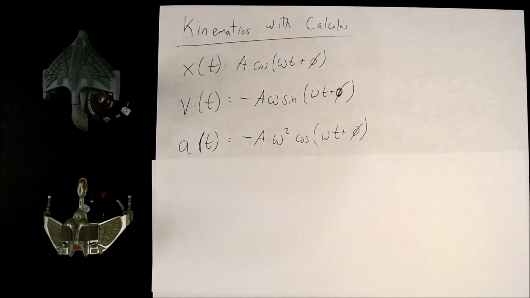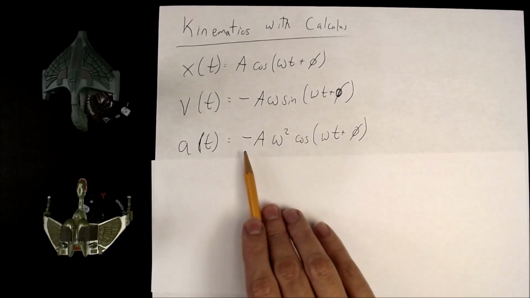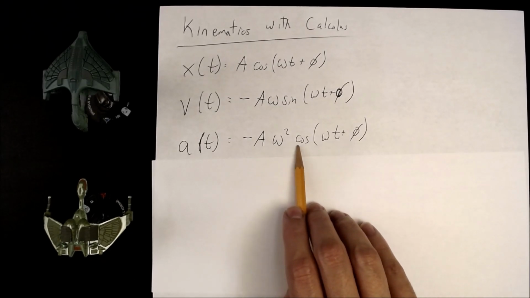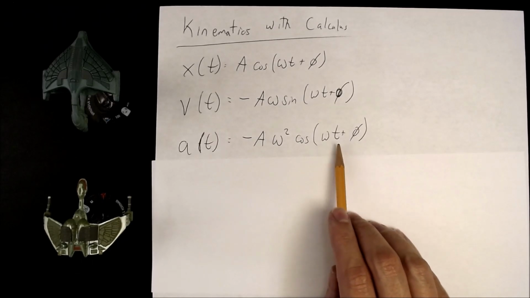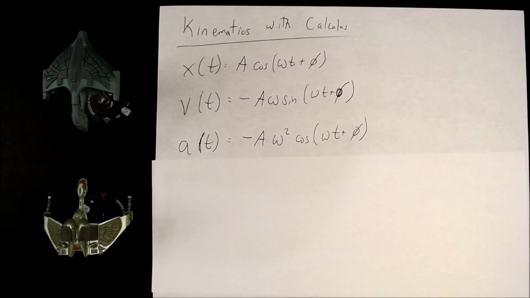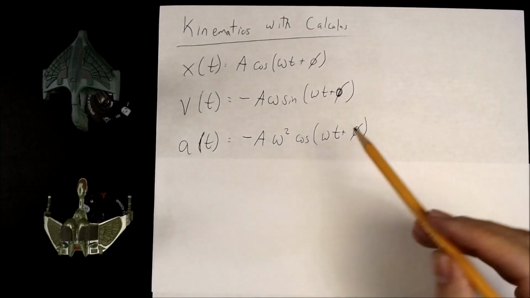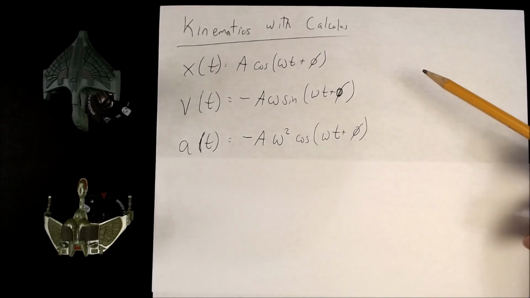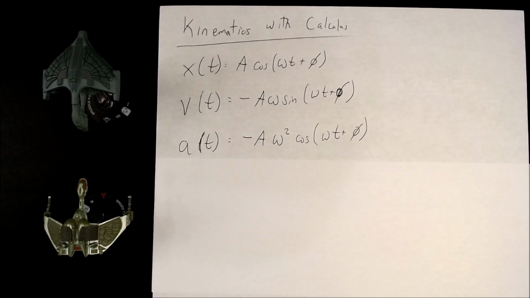Is that the acceleration that you found? Yeah, so negative amplitude times omega squared times the cosine again of omega t plus phi again. Well, we can do quite a bit with this kind of kinematics, and we're going to do this actually to death until you're super bored of it in the next video after this one.